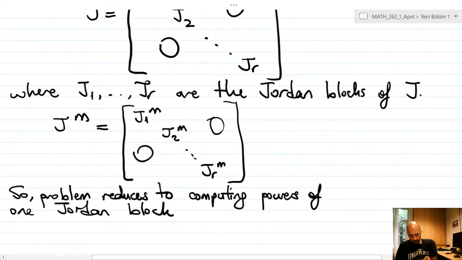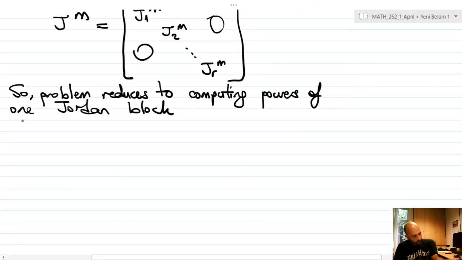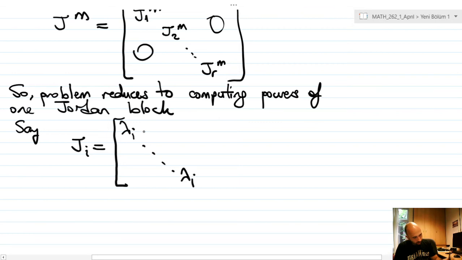Okay, now let's look at one of these Ji's. Say Ji has lambda i's on the diagonal and ones above it like this, and the rest are zeros.